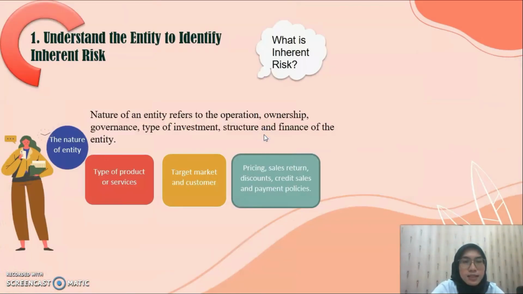First, understand the entity to identify inherent risk. What is inherent risk? Basically, in a company, there are some complex activities or transactions that need accountant knowledge, experience and also judgment to record the transaction.